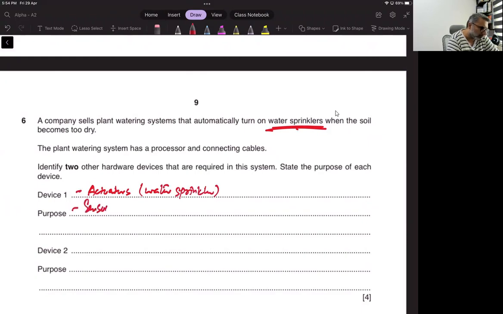Sensor, moisture sensor to check the water in the soil, maybe a humidity sensor if the air is too dry.